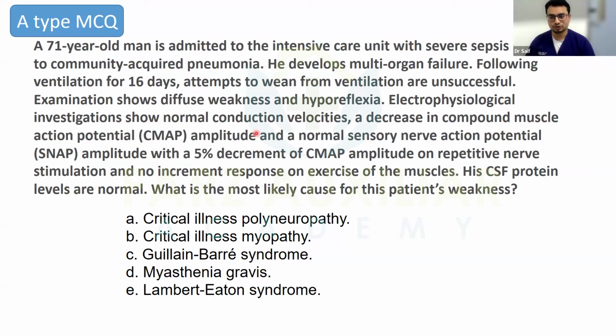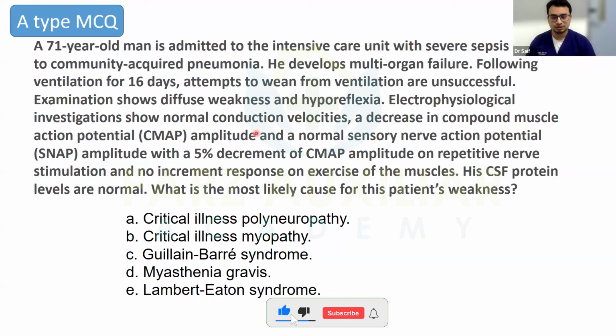Electrophysiological investigations show normal conduction velocities, a decrease in CMAP amplitude, and a normal SNAP amplitude with 5% decrement of CMAP amplitude on repetitive nerve stimulation and no increment response on exercise of the muscle. The CSF protein levels are normal. What is the most likely cause of this patient's weakness?